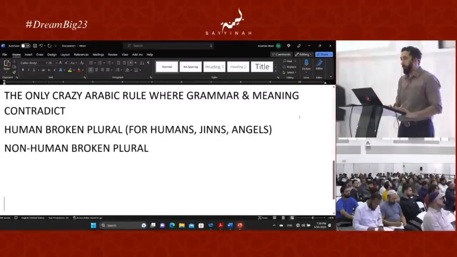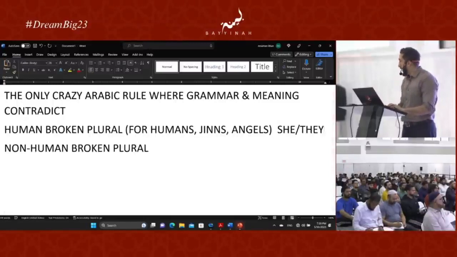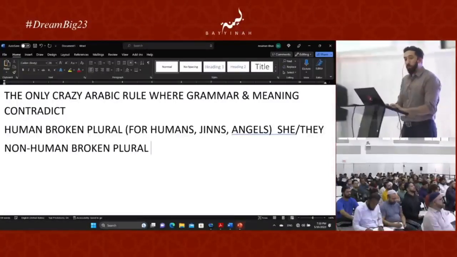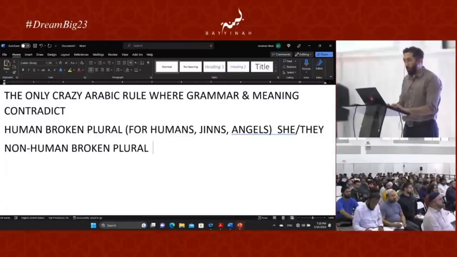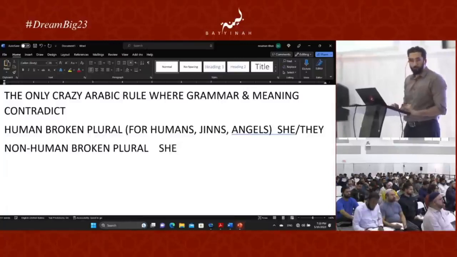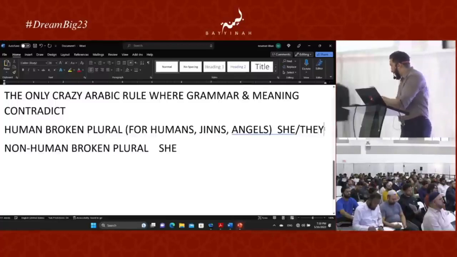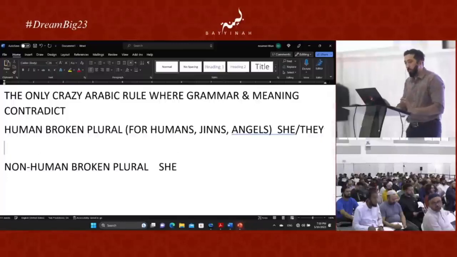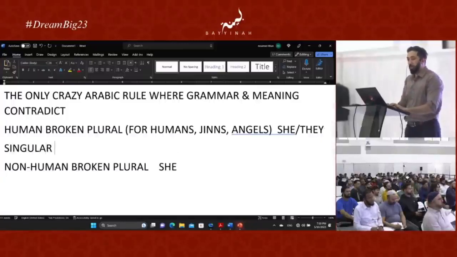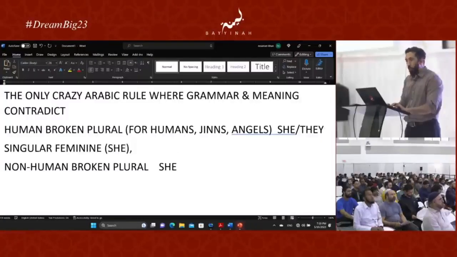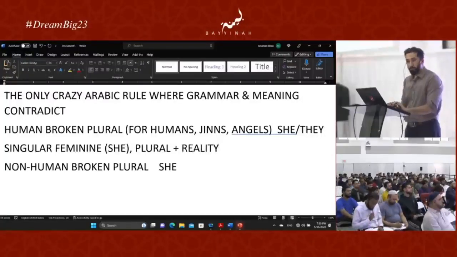So, how do they contradict? If you see a human broken plural, you might see them talking about it as a she or a they. And if you see a non-human broken plural, they'll always talk about it as a she. In more technical language, she and they are shortcuts. But if you don't want to use the shortcut, the full version is: she means either singular feminine, that's the she, or plural plus reality.